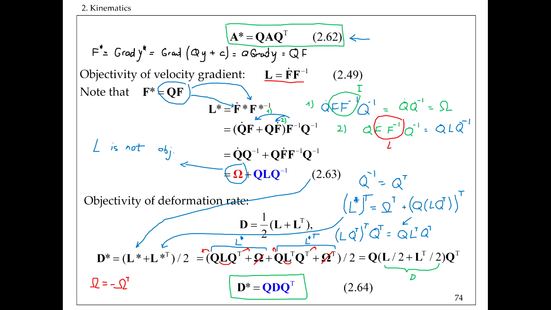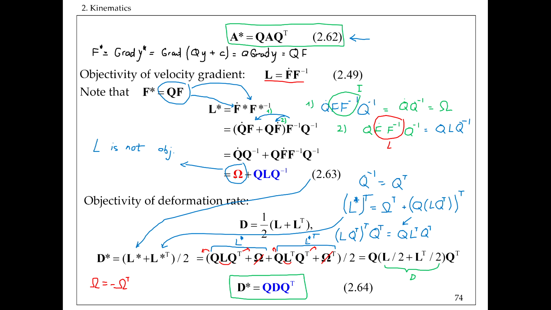This is because it exactly obeys the condition for objectivity of second order tensors. So again, partially as a surprise, it can come from the second order tensor built from certain components, from certain structures built on the velocity gradient, which we did see was not objective.